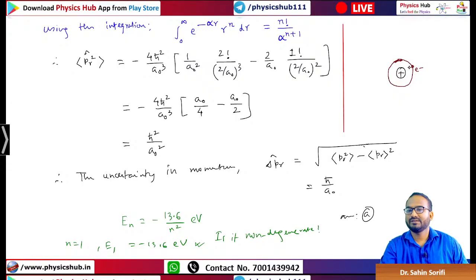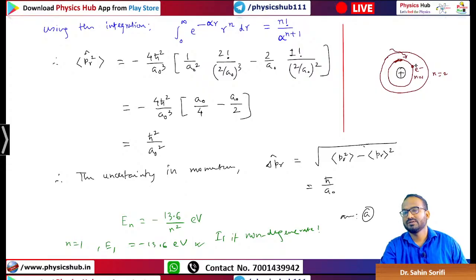Now, when the atom is getting energy, the electron will go to the next state. Let's say this is n equals 1, so it will go to n equals 2. If you provide energy, this electron will absorb that energy and will be promoted to this level, and this will be empty.